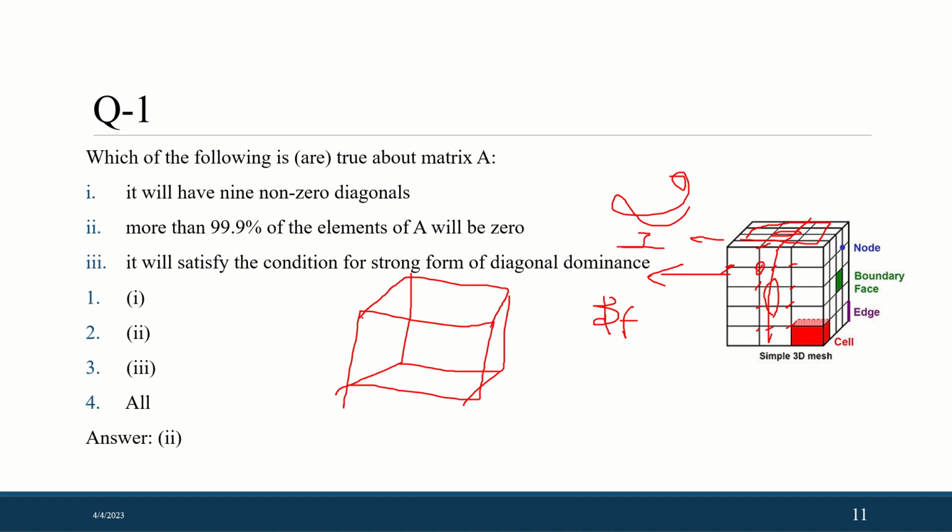So here how many values would we have? Here we have 1, 2, 3, 4, 5, 6, and again 1, 2, 3, 4, 5, 6, 7, 8.